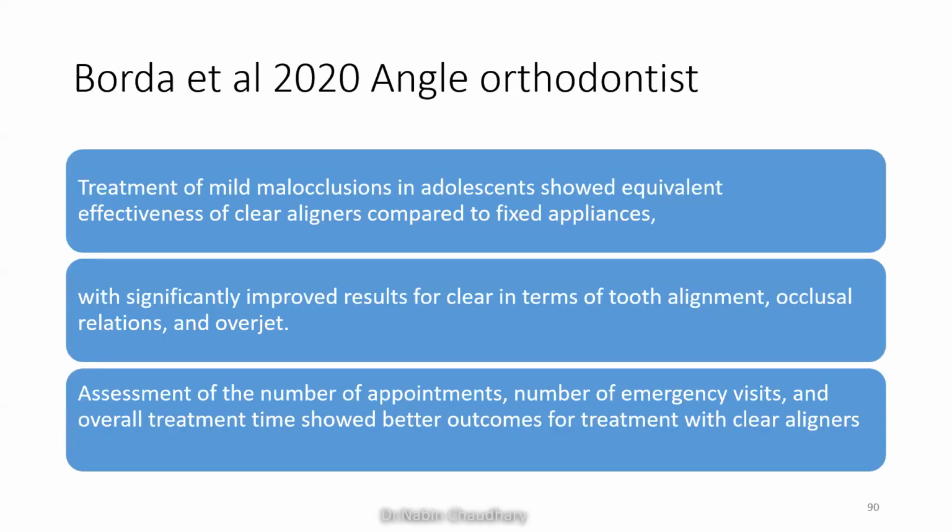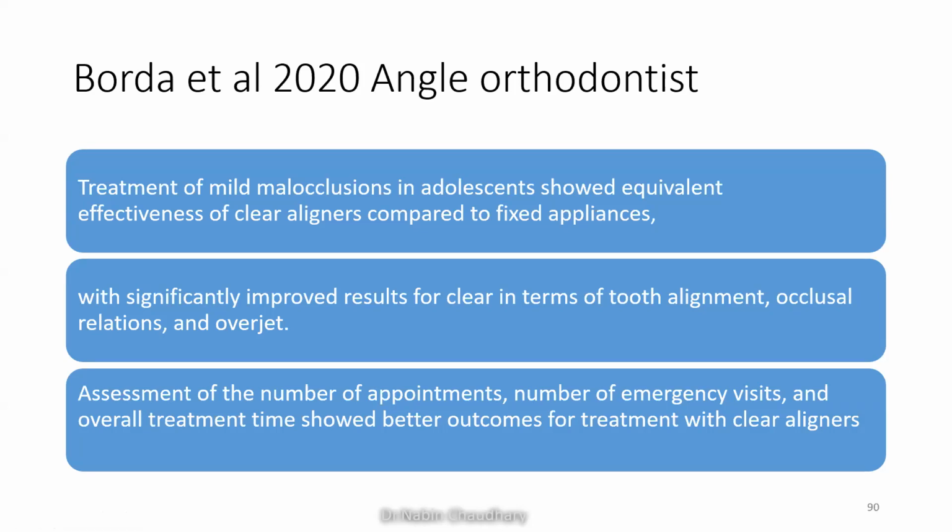And there is another article published recently by Borda et al. in 2020, and they said that for the treatment of mild malocclusion in adolescent patients, the effectiveness of clear aligners is equivalent to that of fixed appliances.